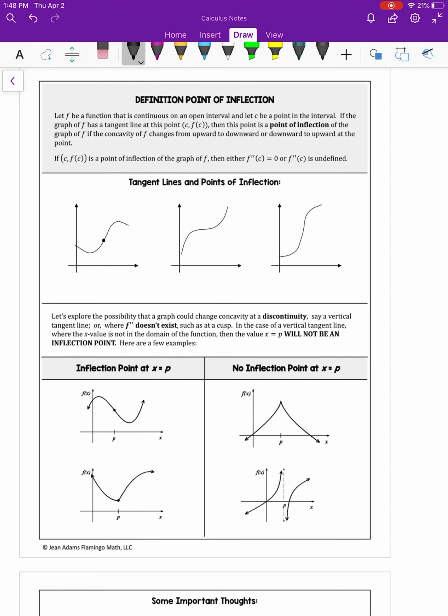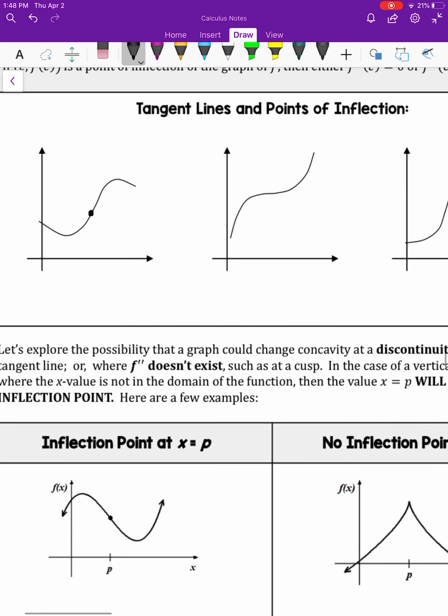You can see that about right here on this function is where concavity changes. You've got concave up here, and then it goes to concave down. Right where that changes, if we follow that down, that point P, x equals P, is your point of inflection.